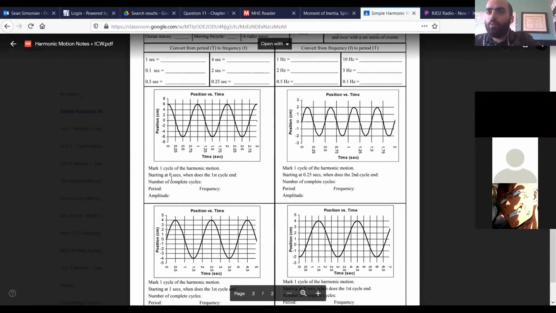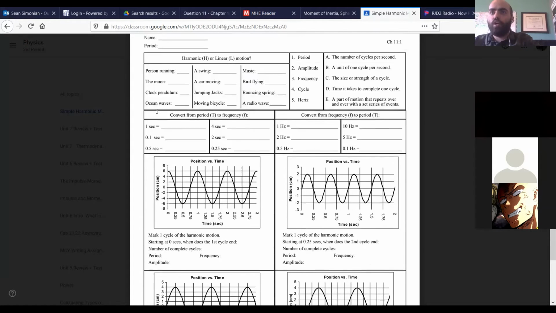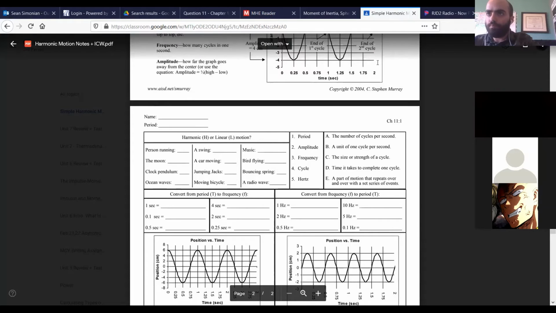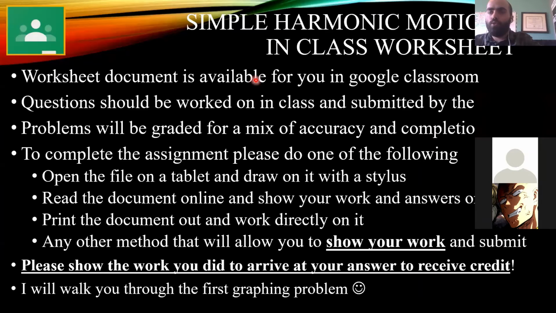So what I wanted us to do is work this first graphing problem together as a way for us to see how to put all those pieces together, and then we'll have the rest of class time to finish up the other parts of this worksheet. So I would like you to go on to Google Classroom and get that worksheet.